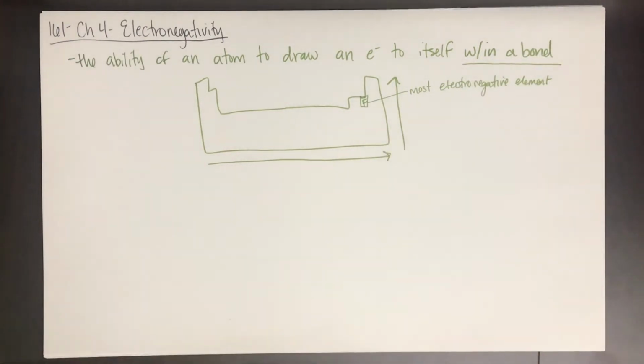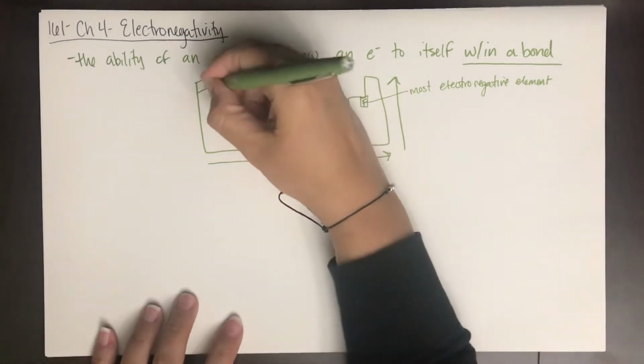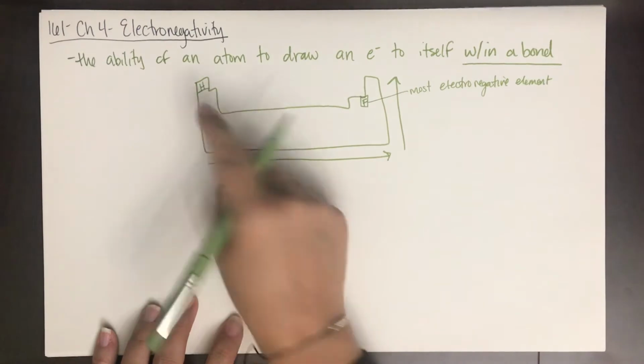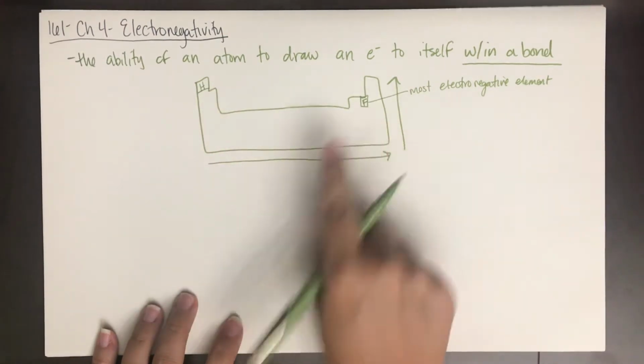Okay, so let's look at some examples. Let's look at hydrogen versus hydrogen fluoride. Here's hydrogen up here. Hydrogen has a very low electronegativity compared to fluorine.